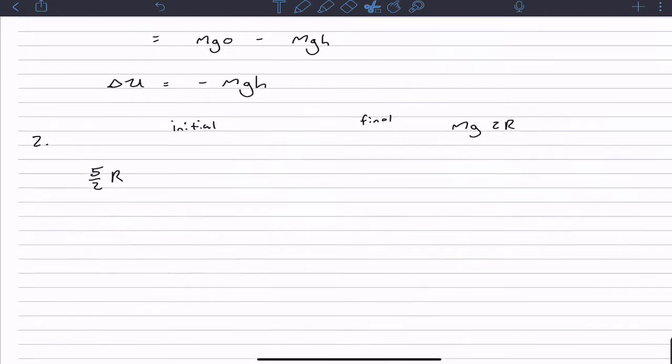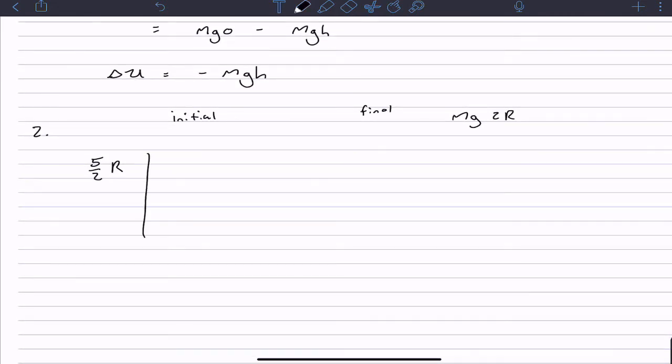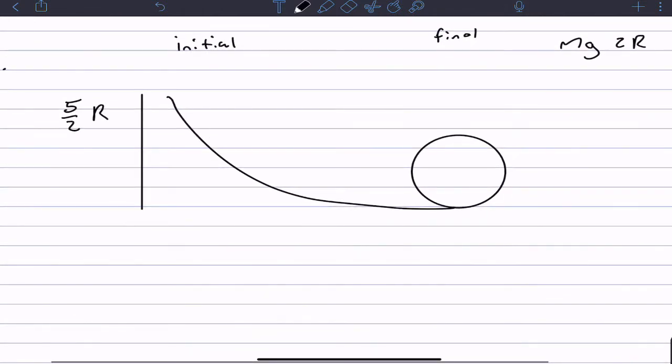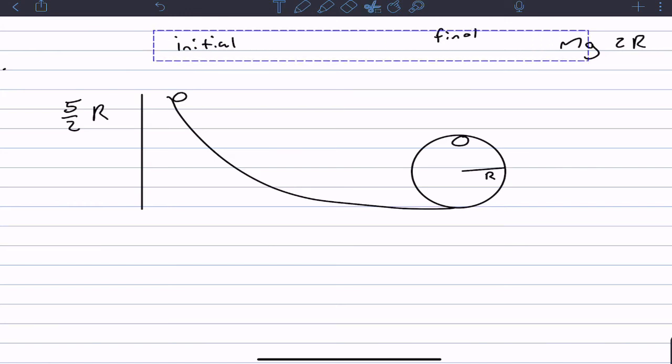I just don't want there to be any confusion. Okay, so that's 5/2 r, this is 2r. Alright, so I think that's a little more clear.